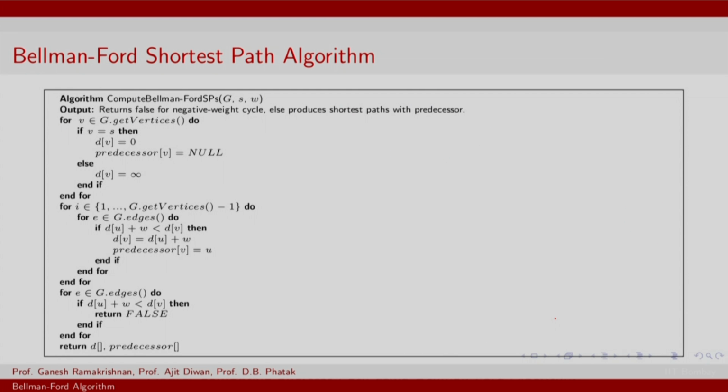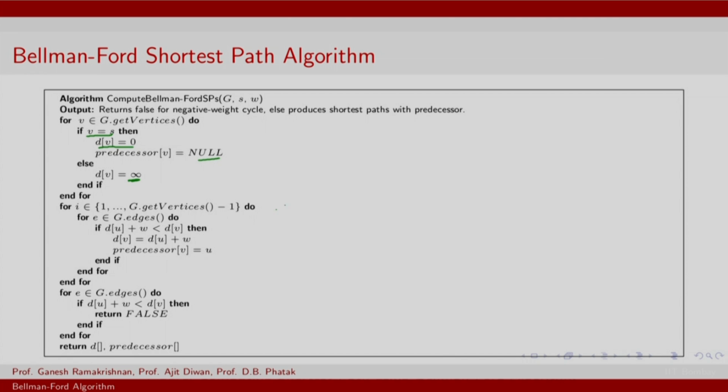Let us look at the actual algorithm. As pointed out, the first thing you do is iterate over all the vertices and set the depth of every vertex, the shortest path depth, to infinity. The predecessor for all the nodes is not set, but the predecessor for the source is null and the depth for the source is 0.